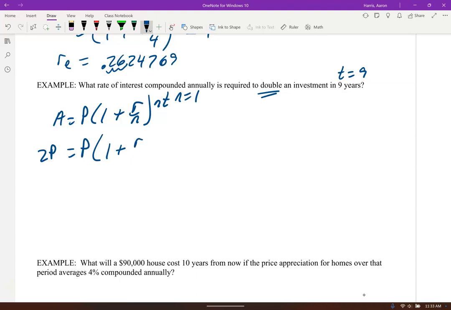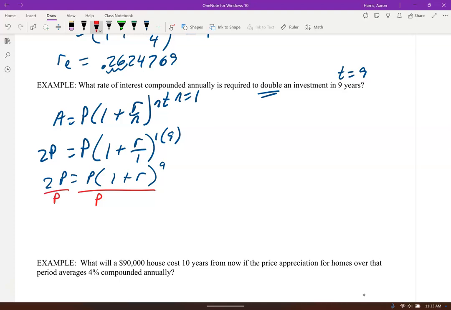And we're trying to solve for R here. You've got 1 plus R to the 9th power. Notice if I divide both sides by P, P's gone. We doubled it. So we have 1 plus R to the 9th.